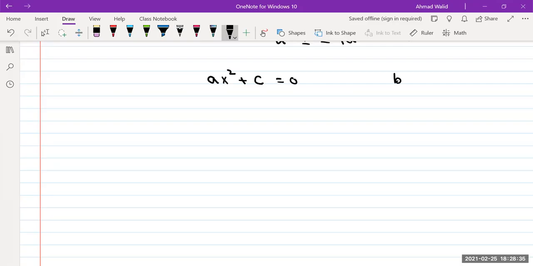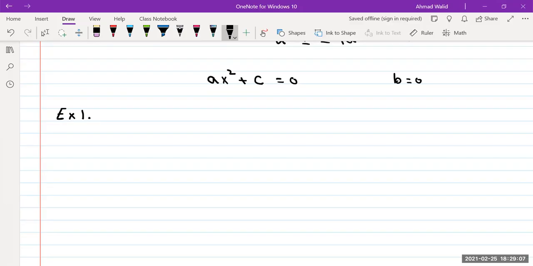It means when your b is 0, when you don't have x, you only have x squared and constant. We use this property to solve those problems. Correct? Because it's really fast to use this method. We use the square root property to solve those types of problems. I'll start with different examples to explain it more for you.